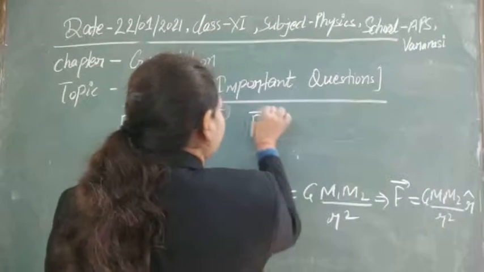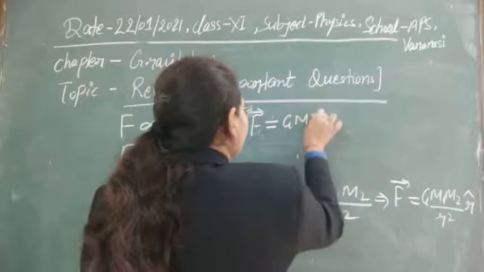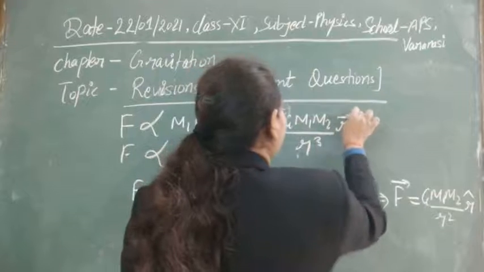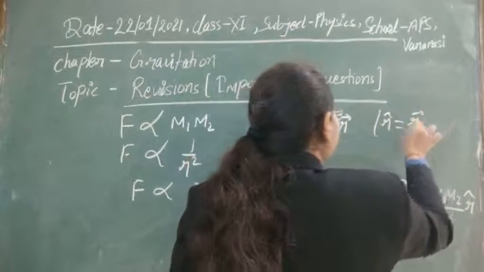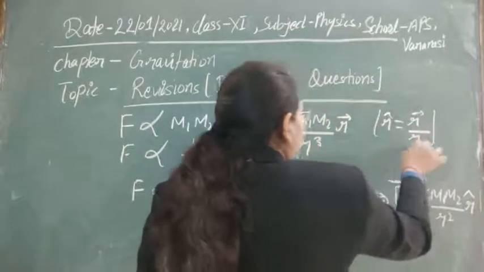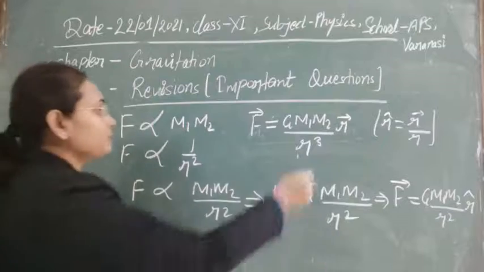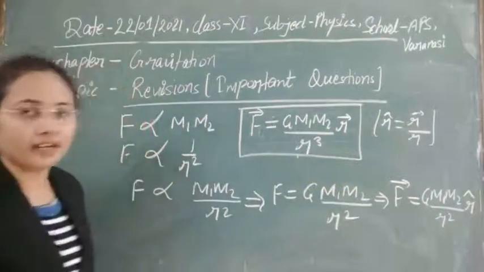So this F vector will be equal to G m1 m2 divided by r cube, into vector r. So you know that this unit vector can be represented by this, here r is the magnitude of this displacement vector, or position vector. So this is the vector form of Newton's law of gravitation.